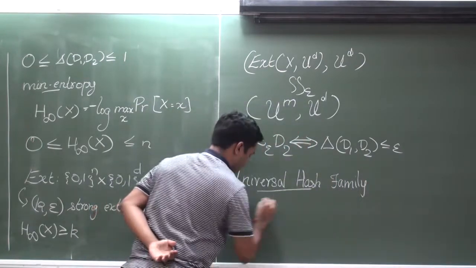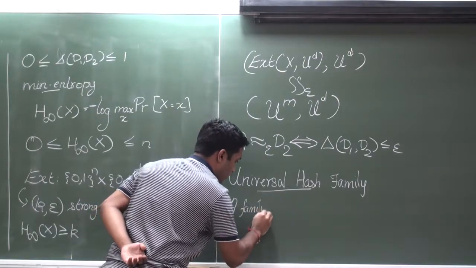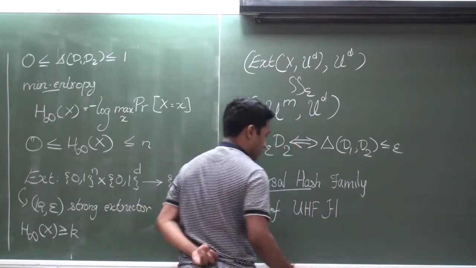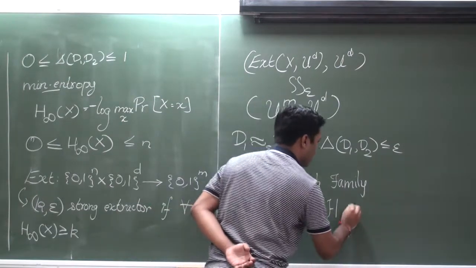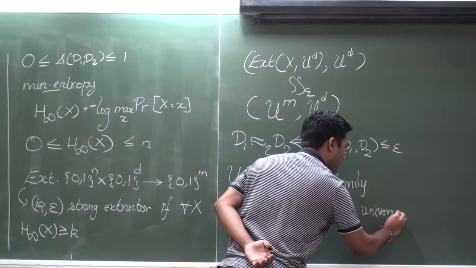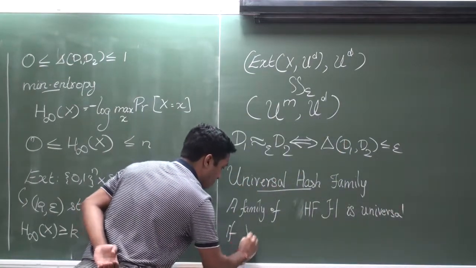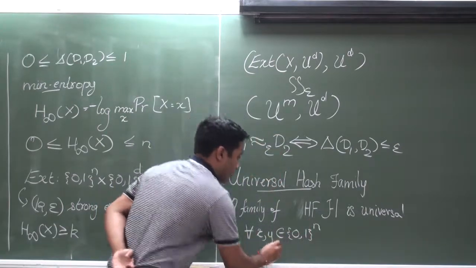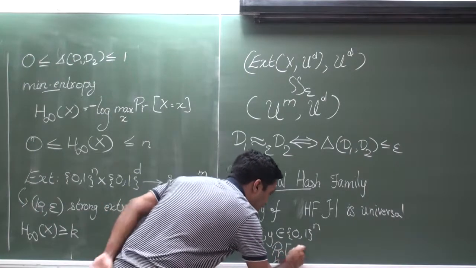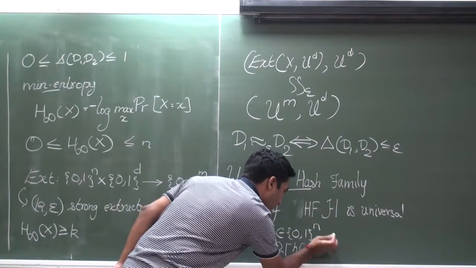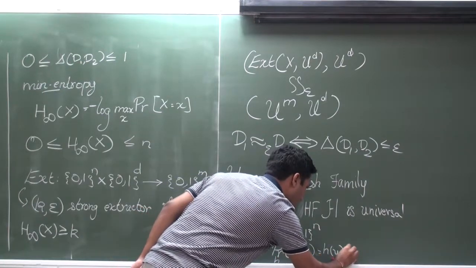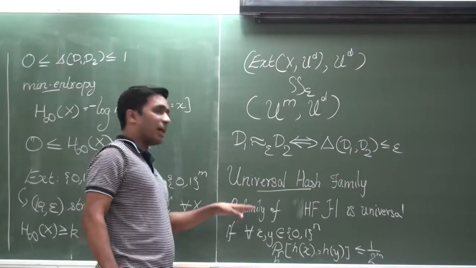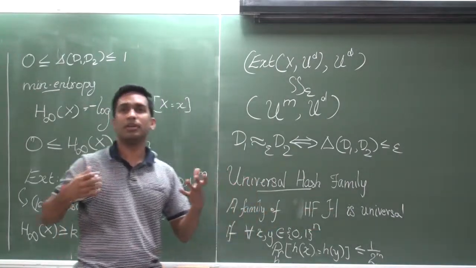The family of hash functions H is universal if for every x, y that belong to {0,1}^n, so a family of hash functions H contains some hash functions.